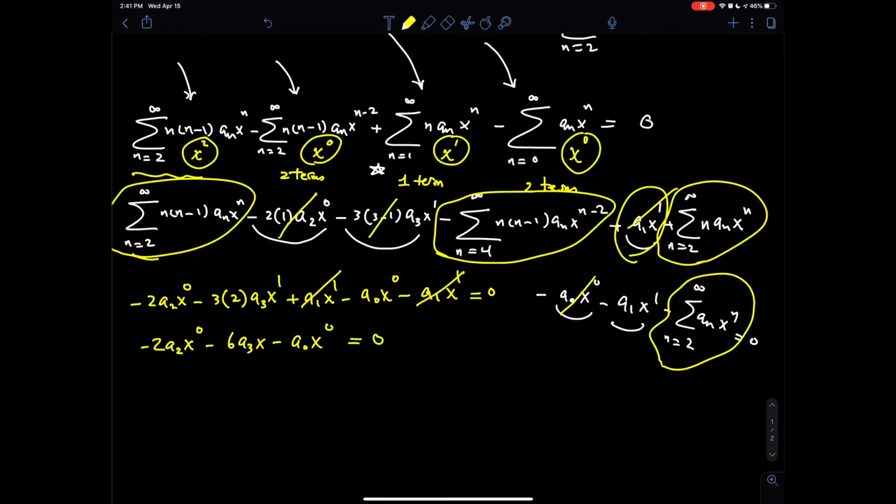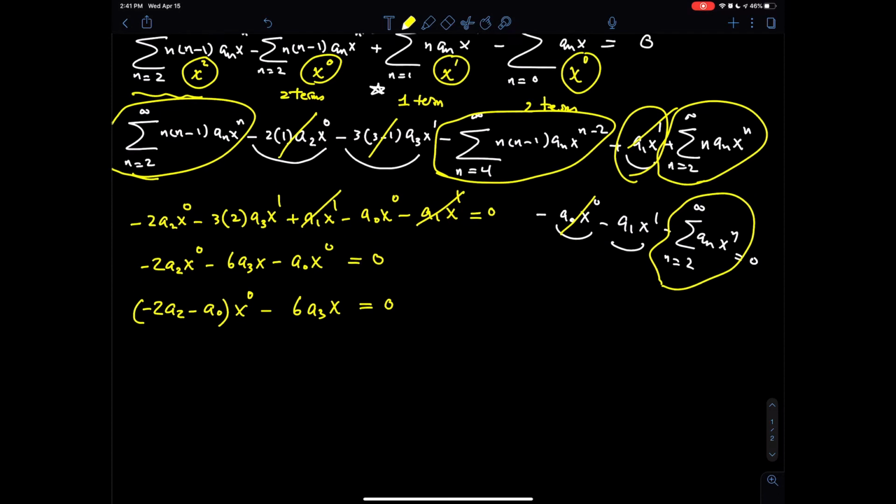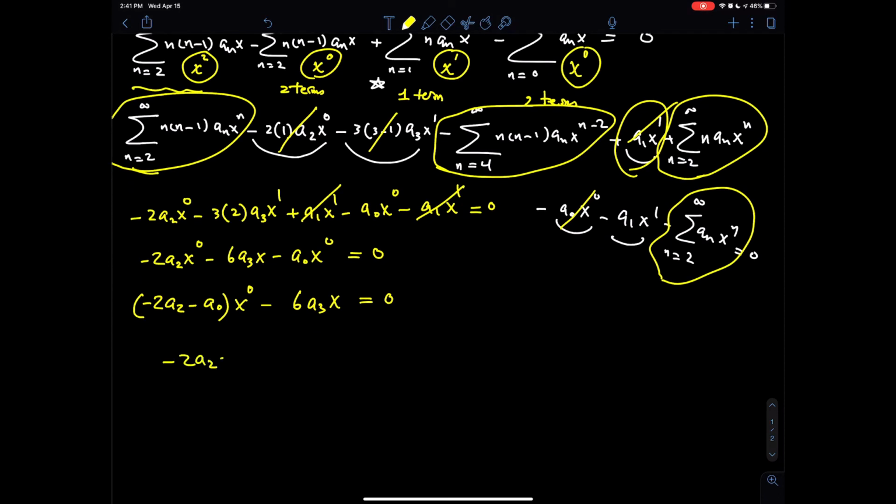So here I could combine the powers of x with their coefficients, so I have negative 2a2 minus a naught times x to the power of 0 minus 6a3 x equal to 0. So from here, I could see that minus 2a2 minus a naught is equal to 0. That's minus 2a2 is equal to a naught, so a2 is equal to minus 1/2 a naught.